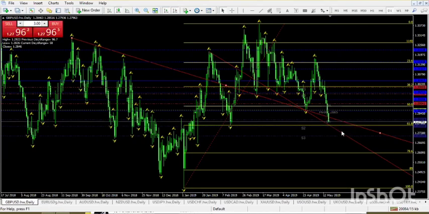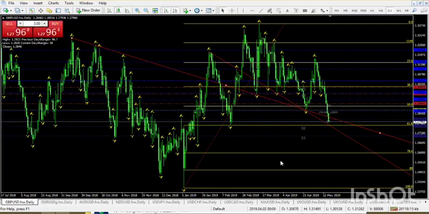Yes, but then it declined suddenly. It started to decline, and I thought it was maybe because of the news. I'm not sure if we have a news today or tomorrow, and it's also about the disputes between Iran and America. That could be impressive as well.